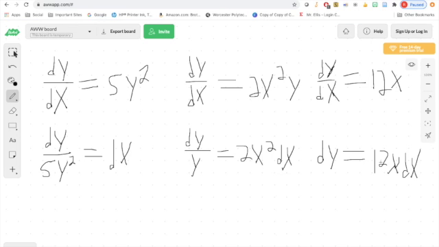Another thing you could have done is you could have moved the 12 over to this side and had dy over 12 equals x dx, but I would recommend leaving the coefficient on the right side with the x's in this case, just because it might make it easier later on. But that's completely up to you. It's not incorrect if you move the 12 over.